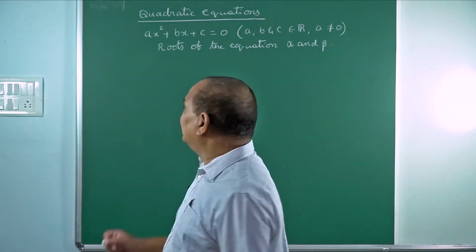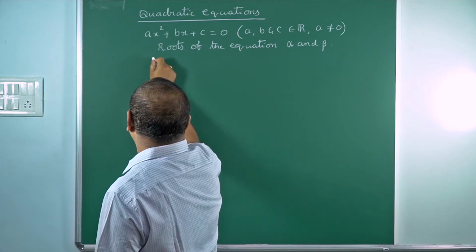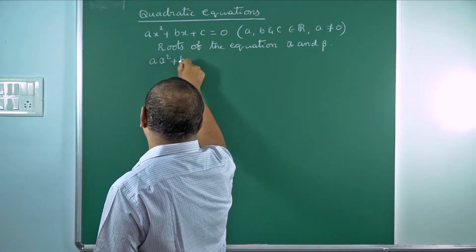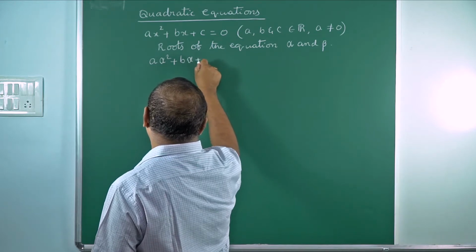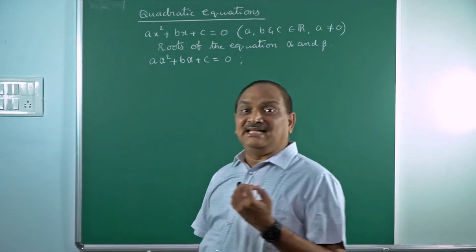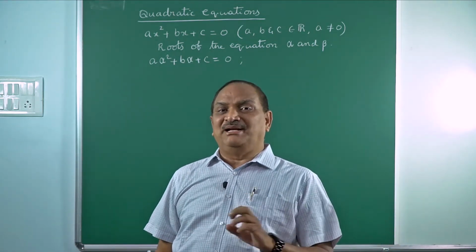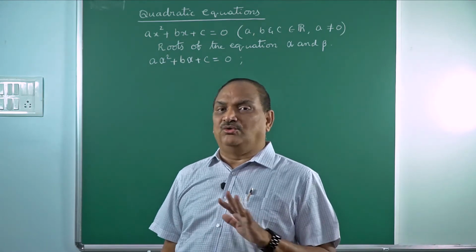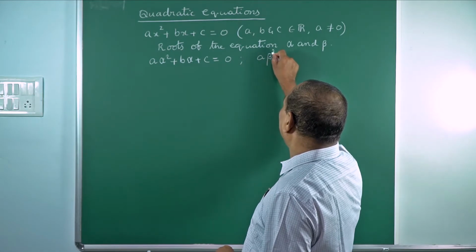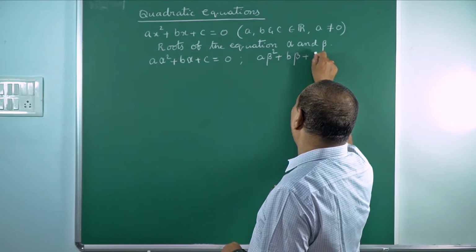So in place of x, if I write alpha, this equation holds good: a times alpha square plus b times alpha plus c is equal to 0. Similarly, if beta is another root, in place of x you can substitute beta, and that equation should hold good: a times beta square plus b times beta plus c is equal to 0.